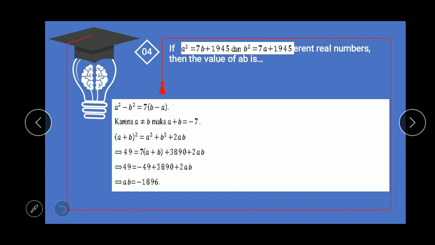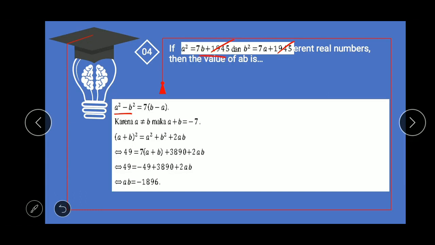Here we can write down a squared minus b squared equal to 7b minus 7a, because we can cancel this term here.